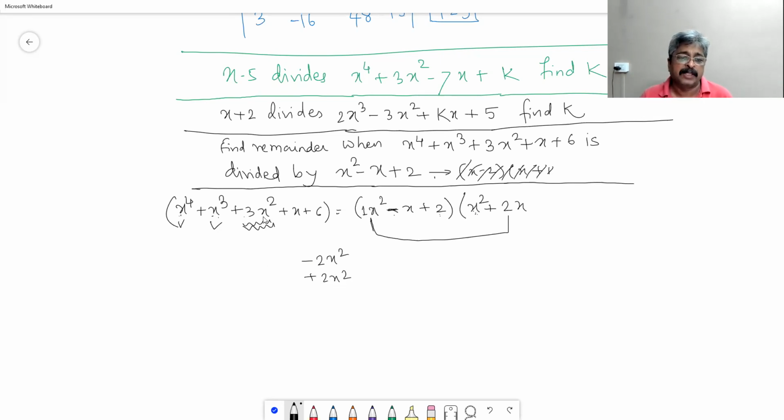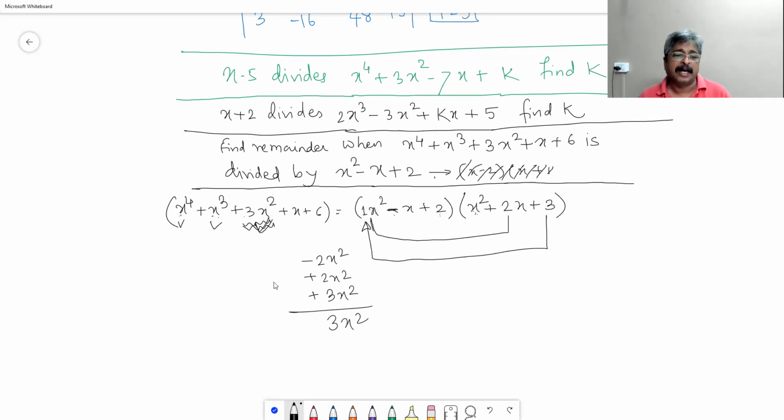And you want plus 3x square. So the third constant that we will write is 3, because I have to look at this into this. So plus 3x square. If I add them up, I get 3x square.